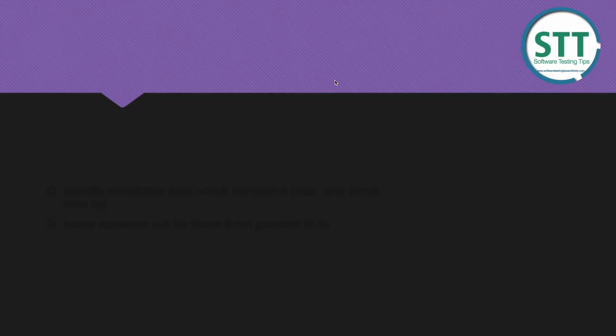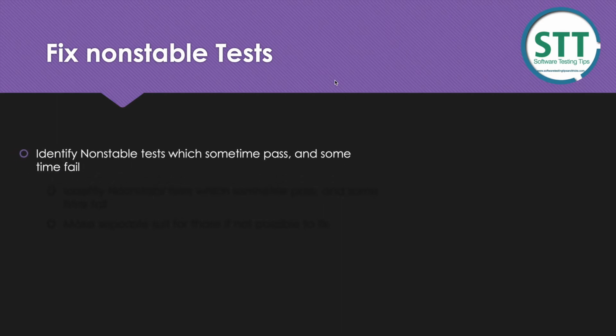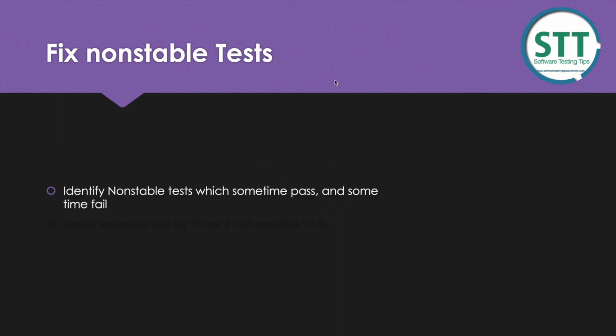So the first thing is fix non-stable tests. This is the first thing you need to take care of. Before speeding things up, your automation suite should be stable. So whatever flaky tests you have, you need to run them continuously many times and check why they are failing, and fix the test, so you get confidence in your automation suite.